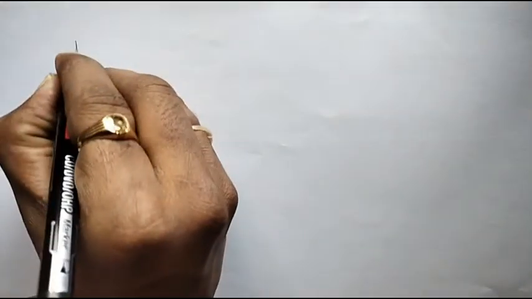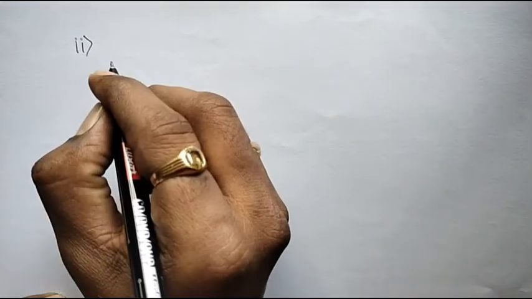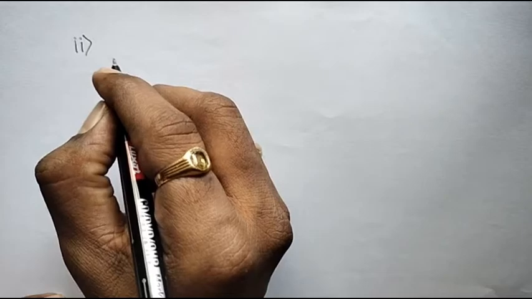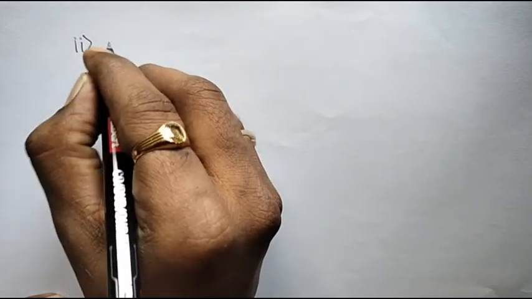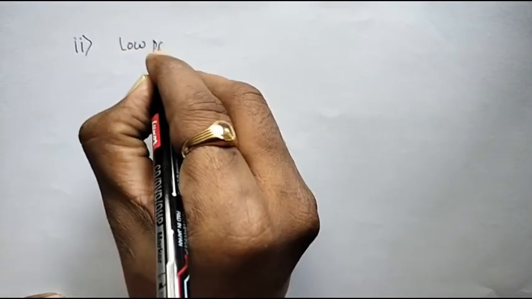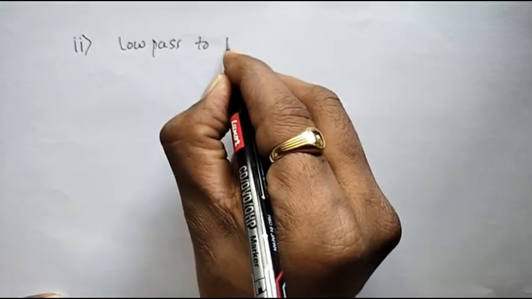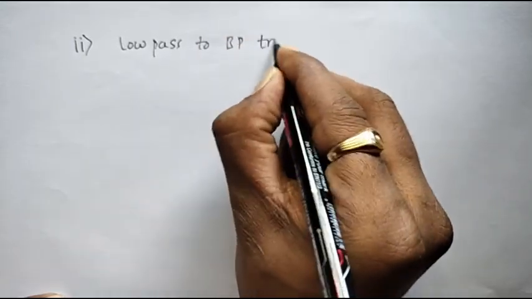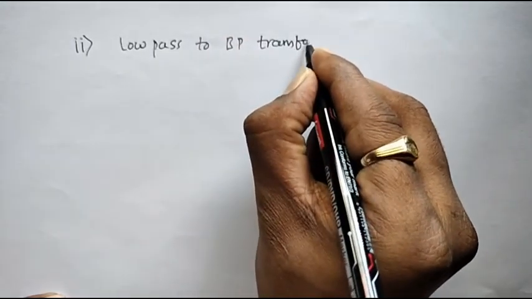In the second sub question, we are supposed to calculate the band pass filter with the help of the given low pass prototype filter. So we are supposed to do the low pass to band pass transformation.